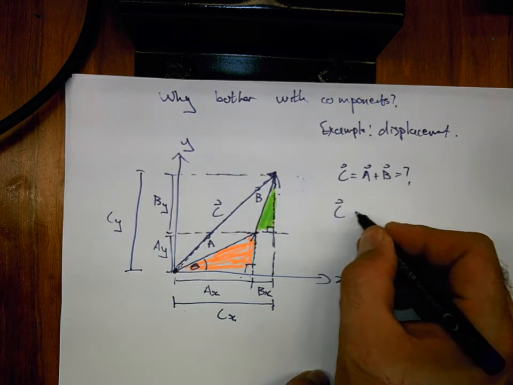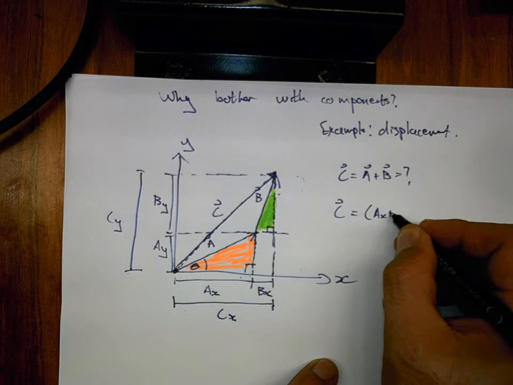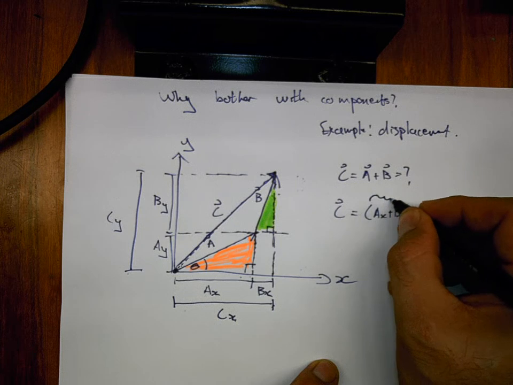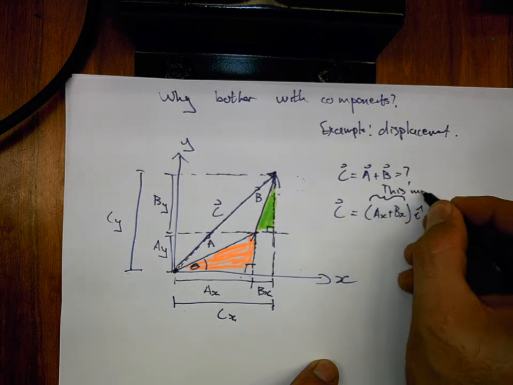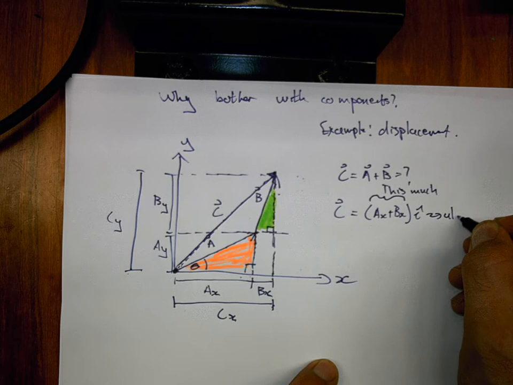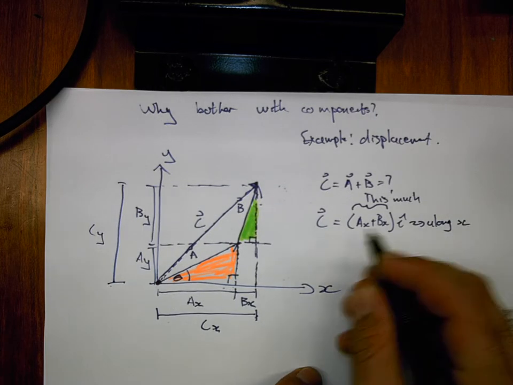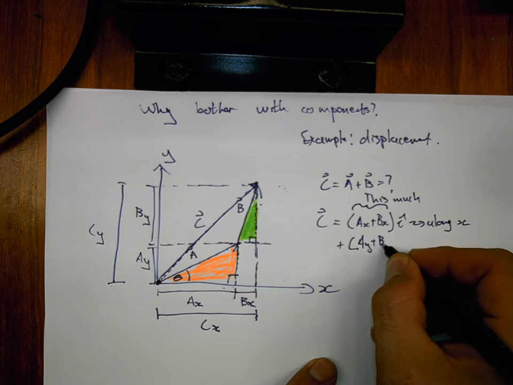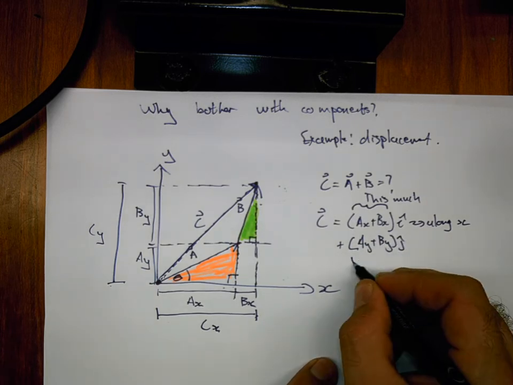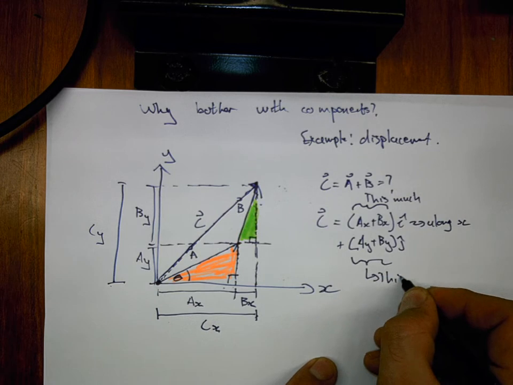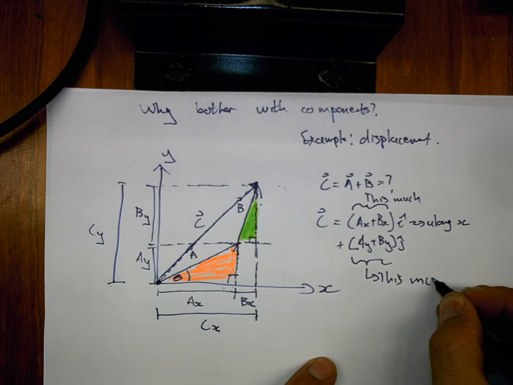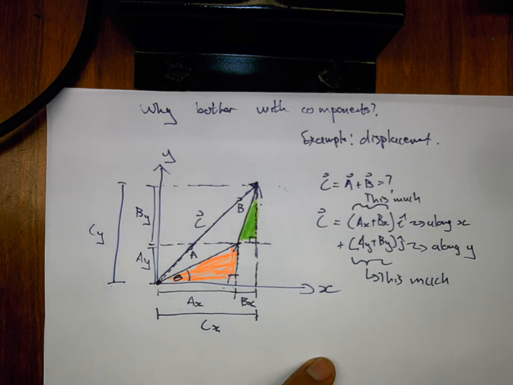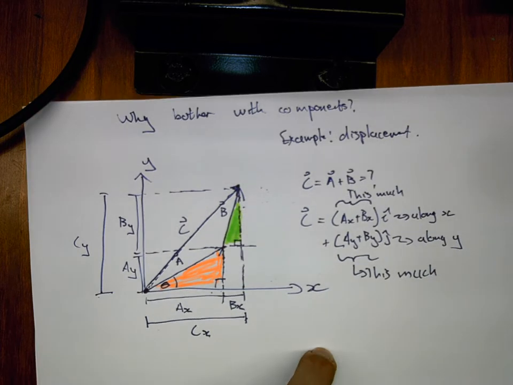I can say, well, vector C is equal to so much along x, so this much along x, and this much along y. Right, everyone agree with me?